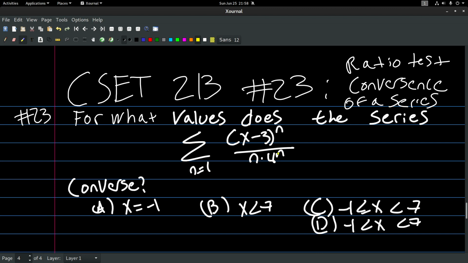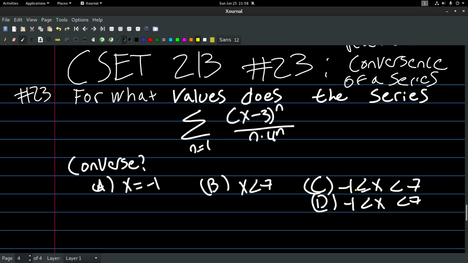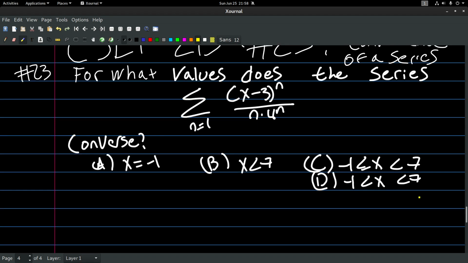Our options are x equals -1, x is less than 7, and these two: x is greater than -1 and less than 7, or D, x is greater than -1, less than 7. Alright.